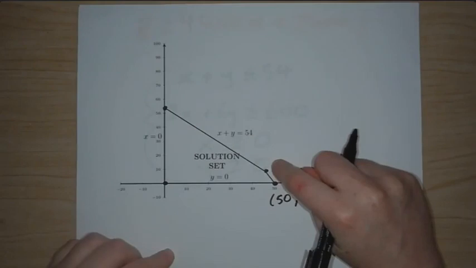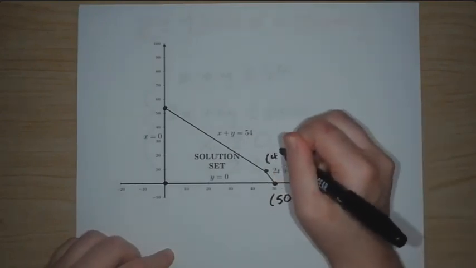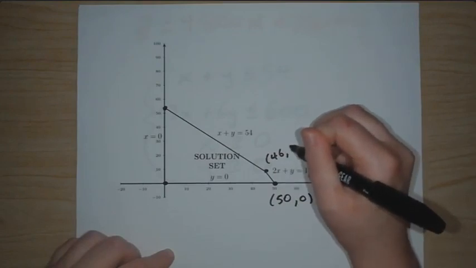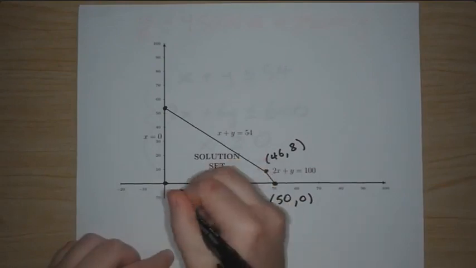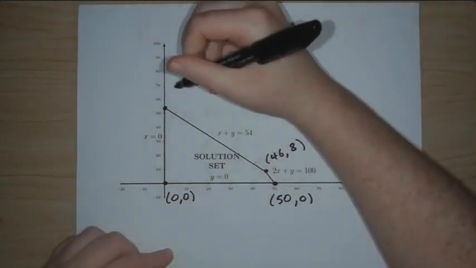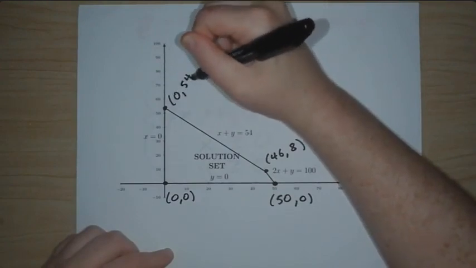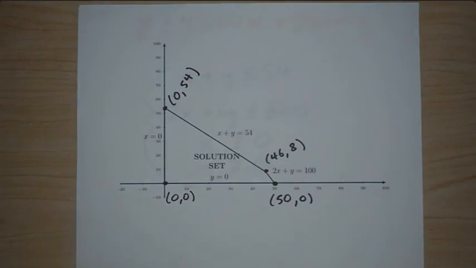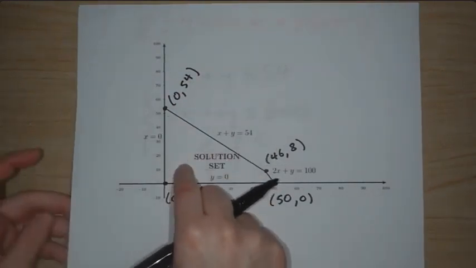This one right here is 46 and 8. This one right here is 0, 0, its origin. And this one right here is 0, 54.